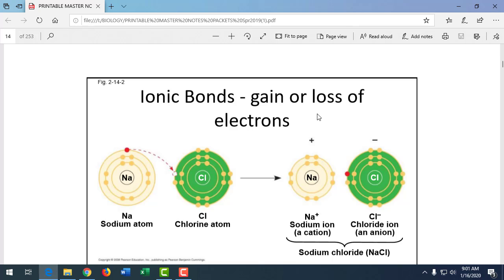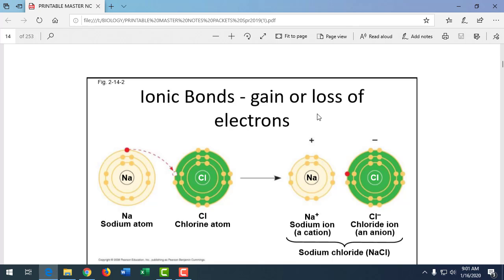So if I look at sodium, where does sodium fall in the periodic table? What atomic number does sodium have? If I just count up the electrons here, I can actually figure it out. Looking at this diagram for sodium, how many electrons does it have in nature before it combines with chlorine? 11. Yeah, 11.